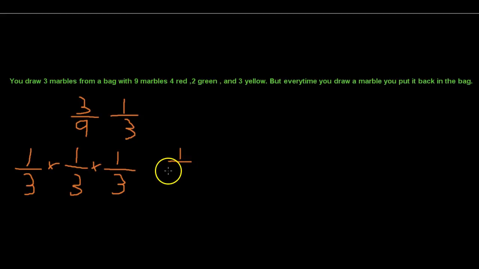And then we get 3 cubed on the bottom because we have 3 times 3 times 3. So that is going to be equal to 1/27th, because 3 times 3 is 9, times 3 is 27. So that is the probability of picking the 3 yellow marbles with replacement.